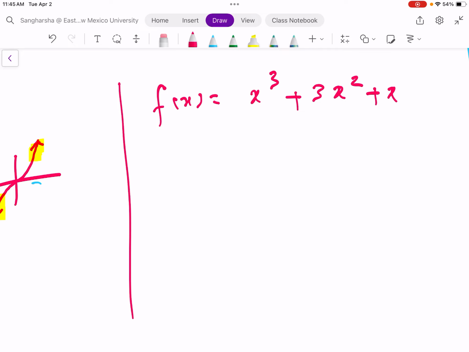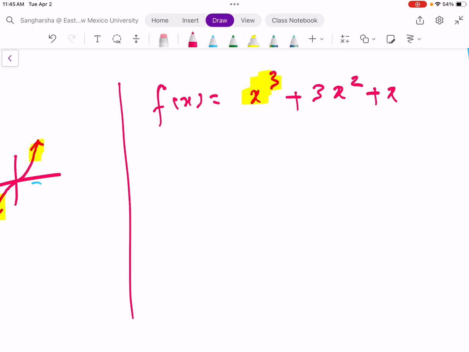It is x to the power 3, or x cubed. Once we have the leading term, we need to know its degree. Our degree is 3. Is it odd or even? Odd. What is its coefficient? 1. So we have an odd degree with a positive coefficient.